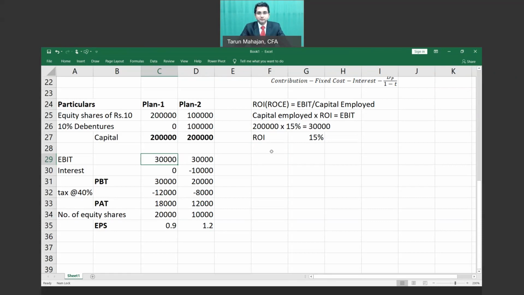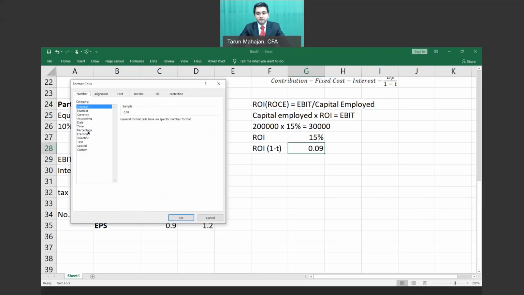You are earning 15%, and on that you are paying 40% tax. So if I try to calculate ROI after tax, it will be 15% into 0.6, which is actually 9%.